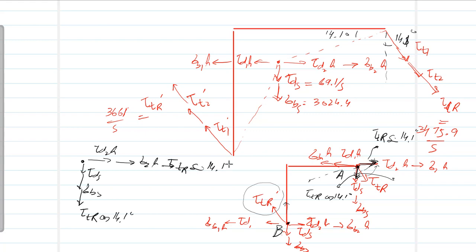Then we have another vector which is tau d1h and sigma b1h. Clear?